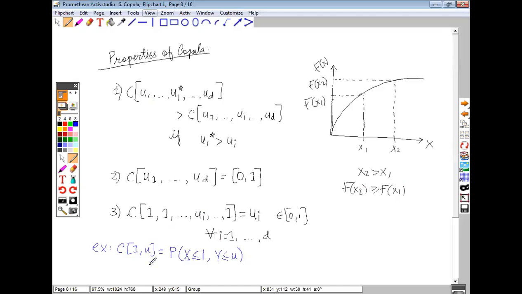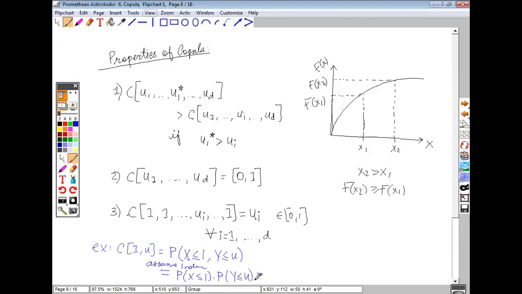And now let's just assume, for simplicity, independence. Then we'll just have probability that X is less than or equal to 1 times the probability that Y is less than or equal to u.